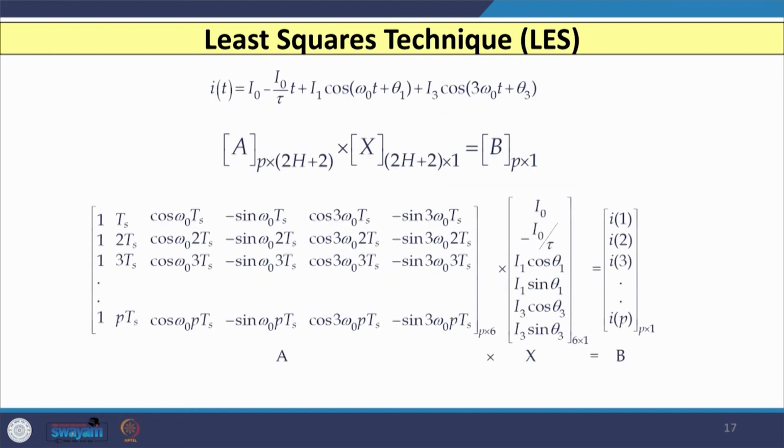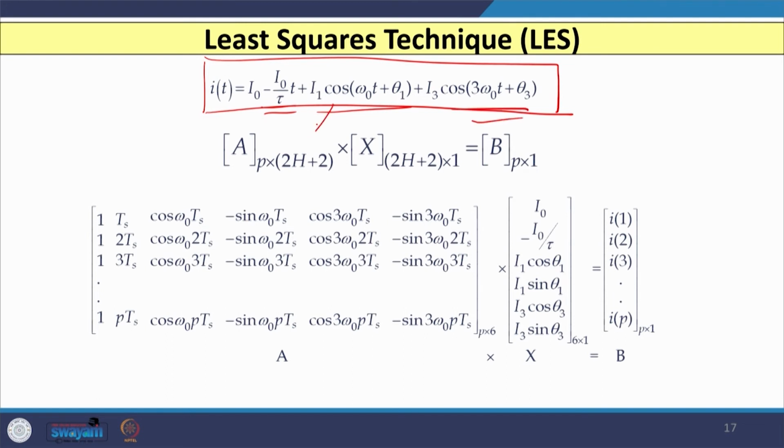If I consider the same current signal containing the DC value, fundamental and third harmonic term, the size is given by this, and if you obtain the A matrix, you can see that in the first row, when you start with sample number 1, n equal to 1, this term is already there, but this term, T s, is newly added.